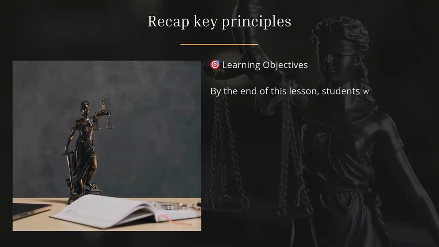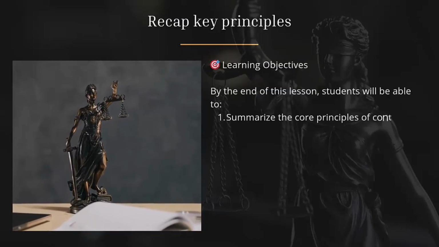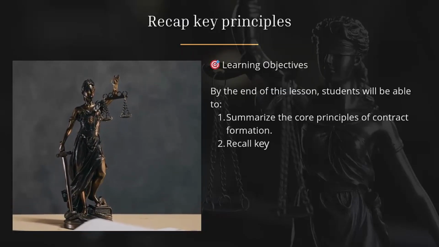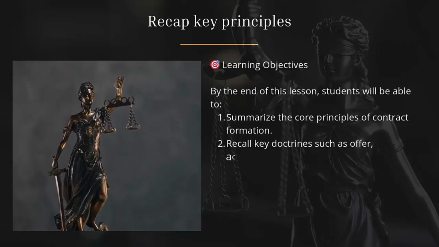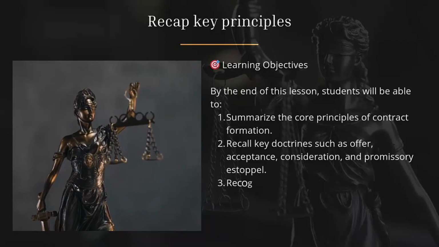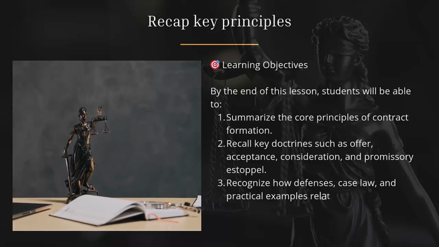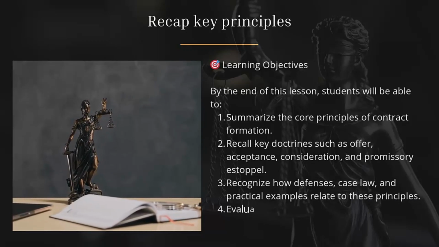Learning objectives: by the end of this lesson, students will be able to summarize the core principles of contract formation, recall key doctrines such as offer, acceptance, consideration, and promissory estoppel, recognize how defenses, case law, and practical examples relate to these principles, and evaluate their understanding through a short quiz.